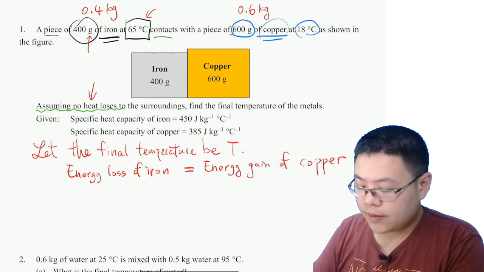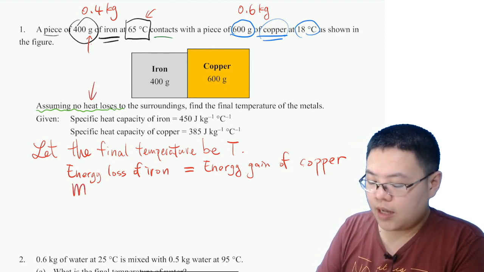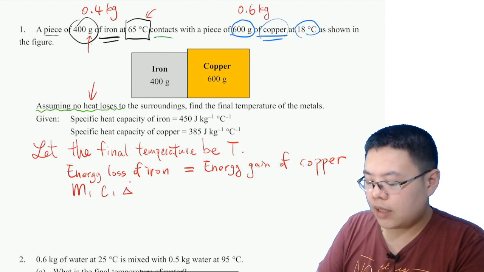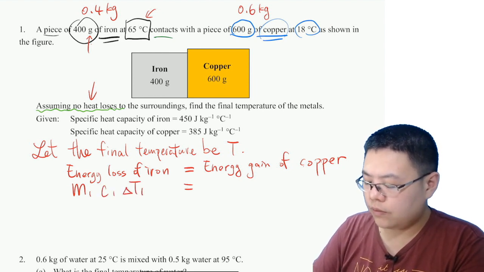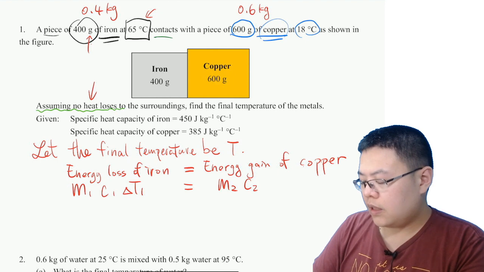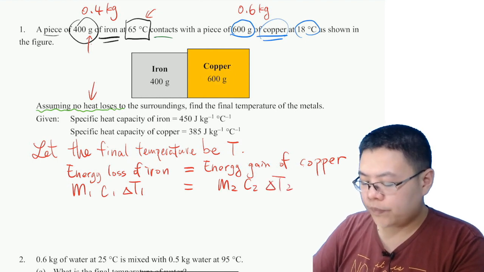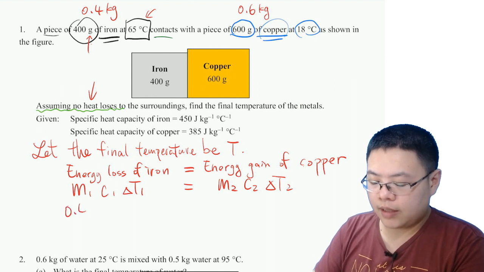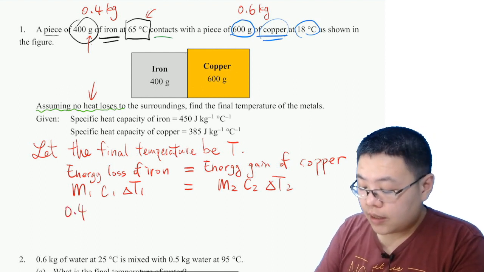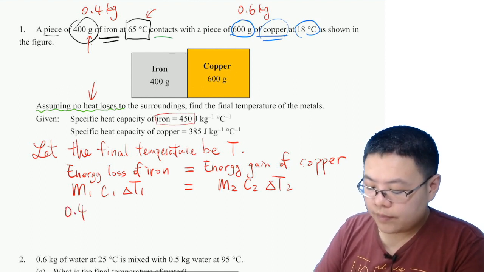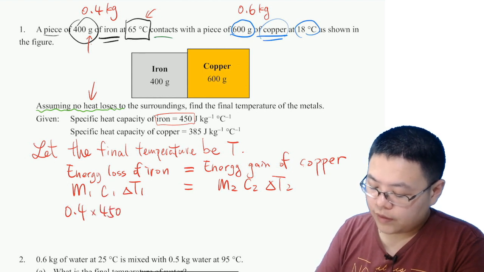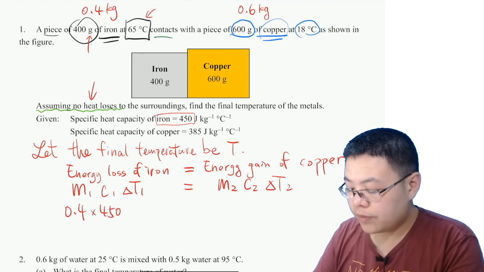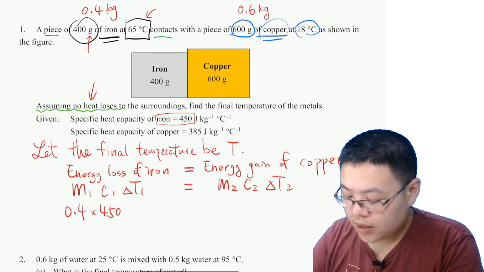Okay, that is the reason. And M1C1 delta T1 is equal to M2C2 delta T2. So the mass of iron is 0.4 kg, and for iron the specific heat capacity is 450 joule per kilogram per degree Celsius.